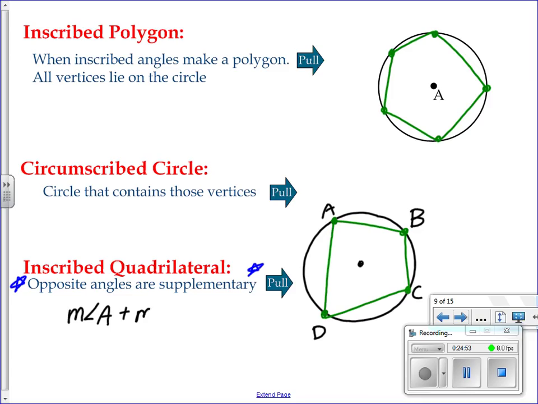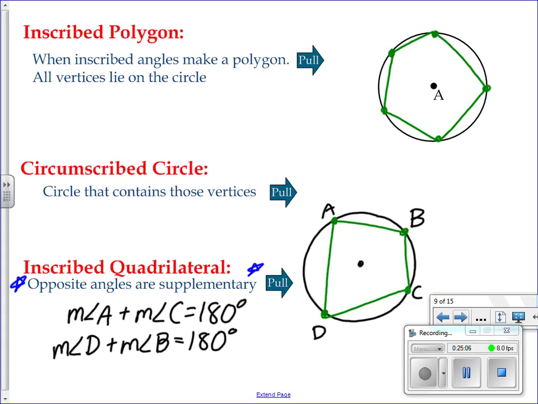They're going to end up adding to 180. And then angle D and angle B are also opposite. They're also going to add to 180. So it's a little bit different than chapter 6 when we talked about parallelograms, because this is not a parallelogram. You clearly see this is just a random four-sided shape. Opposite angles are not going to be equal. They're going to add to 180.